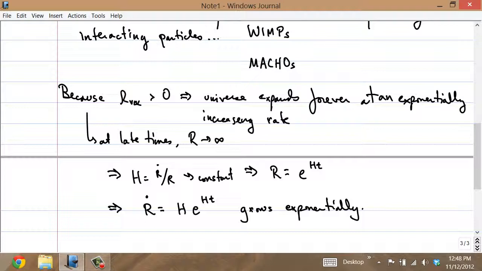The point to keep in mind is that the basic principle of relativity states that nothing can travel faster than the speed of light with respect to space-time, but space-time itself can move faster than the speed of light. And indeed, if vacuum energy is non-zero, then at late times, in the very far future, our universe will be expanding at speeds that are growing exponentially in time, and in particular, faster than the speed of light.